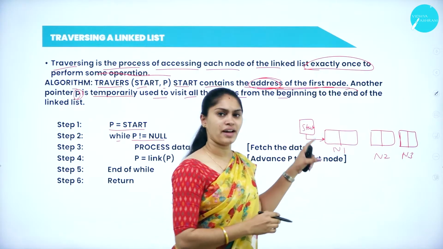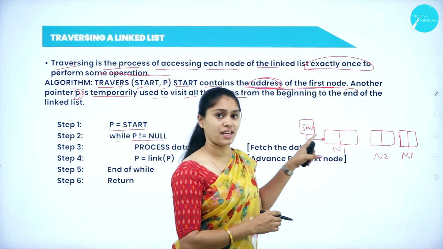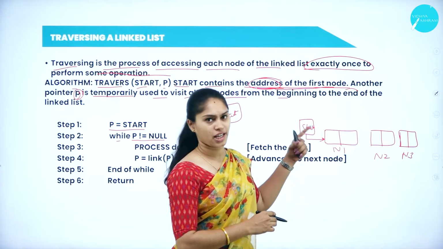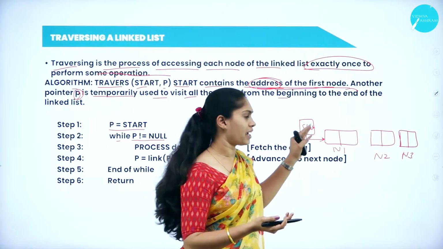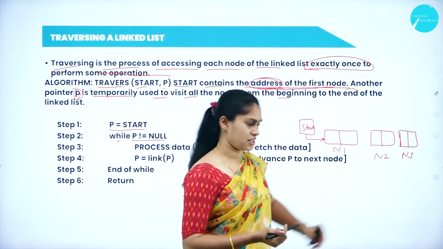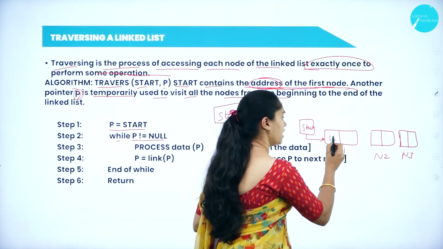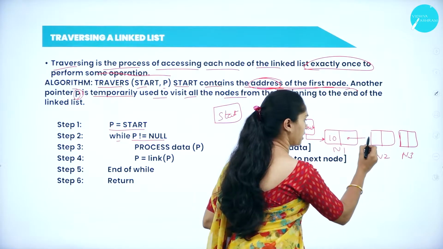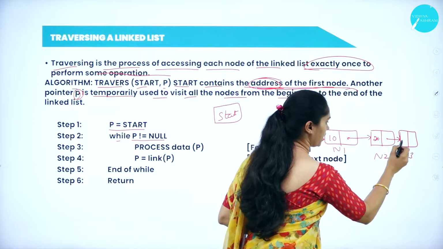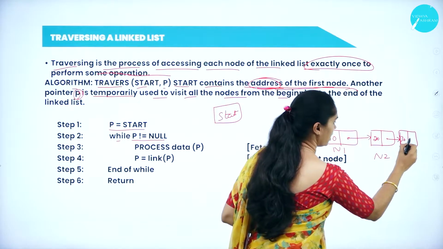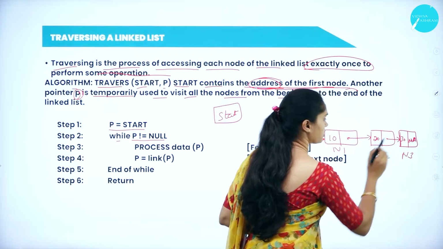At that time I have to check whether this P is equal to null or not equal to null. In this case, it is not equal to null, because here I have some nodes to visit. Here in node 1, it has 10 and it is pointing to the next node, and the data is 20, and it is pointing to the next node, its data is 30, and this becomes null.